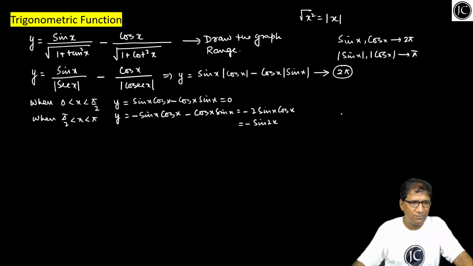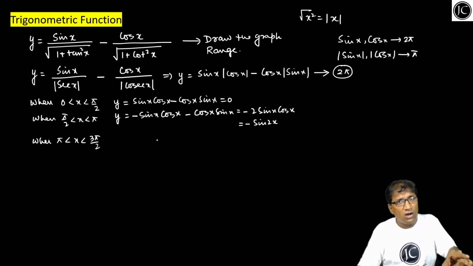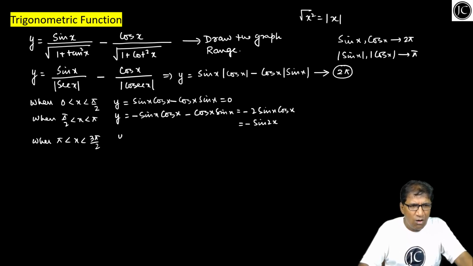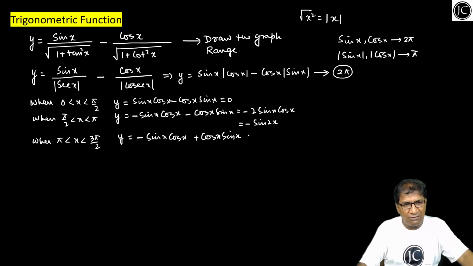Is it clear? Okay. When x is lying in the third quadrant, matlab x is greater than pi, less than 3 pi by 2. In third quadrant, sin is negative, cos is also negative. Matlab y will give us minus sin x cos x plus cos x sin x. Therefore, we are getting it 0.